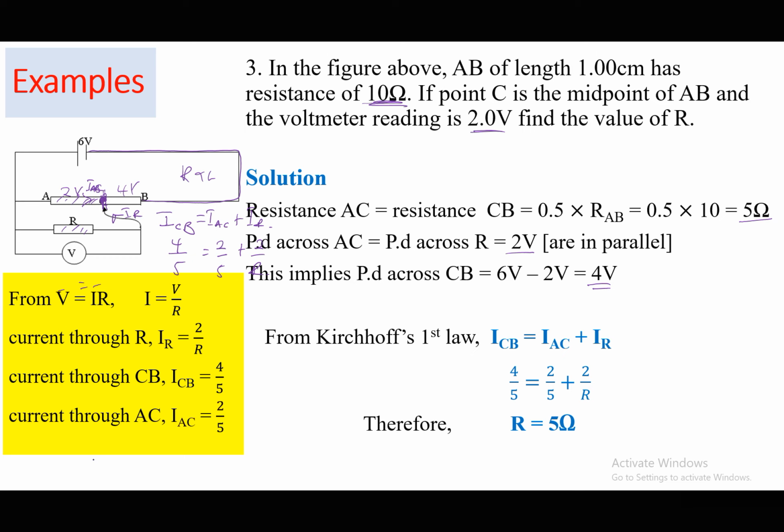And the current from SC is 2 over 5, where 2 is the PD across SC and the resistance is 5. That's why I combined these to get my equation, which when solved gave me R as 5.